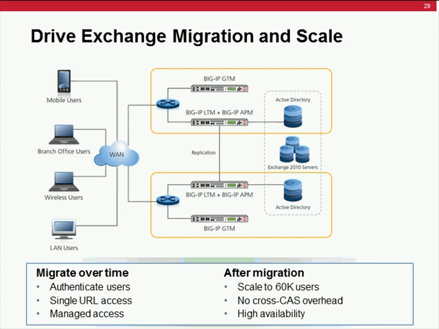And with BIG-IP Access Policy Manager as part of the migration, a lot of that mess goes away. It'll help authenticate users in the DMZ so there are no unknown users behind the firewall. You can offer up a single URL for access. So whether it be OWA, ActiveSync, Outlook Anywhere, just a single URL to the users that never changes.